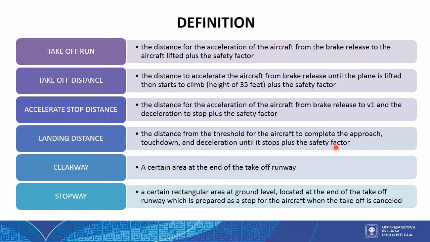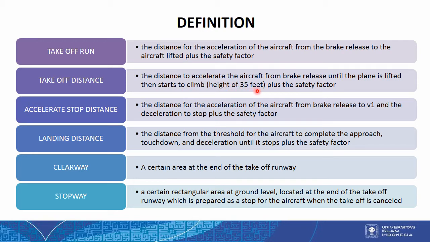So the takeoff run is from the brake release to the aircraft lift. The takeoff distance is from the brake release until the plane is lifted and starts to climb at the height of 35 feet.